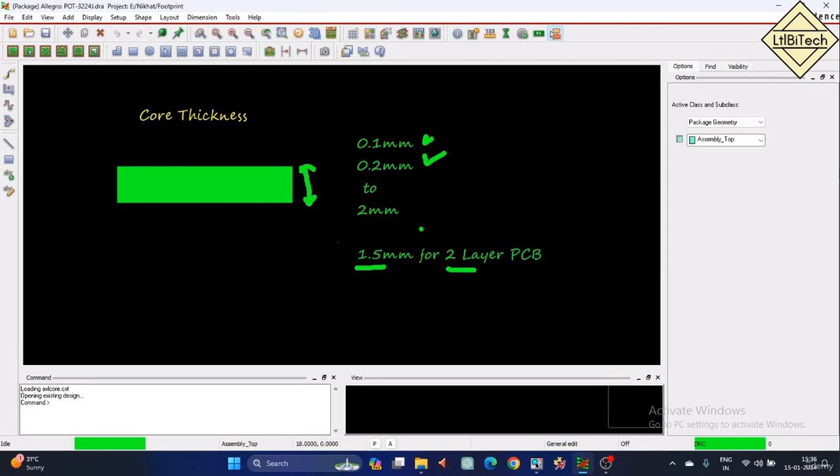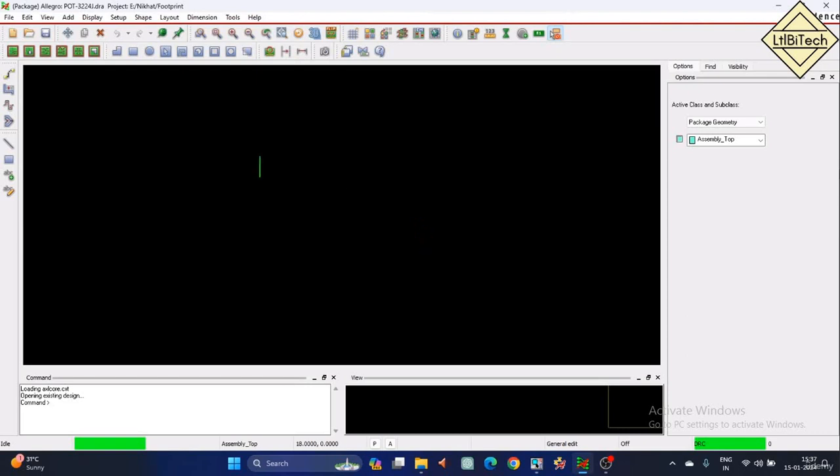So this is about core thicknesses, and then we are left with the pre-preg thickness. Pre-preg thickness depends upon what type of core you are using, and depending upon that we are going to change it. I will give you some examples here. The first example is 0.05 mm, or you can also call it 50 microns.